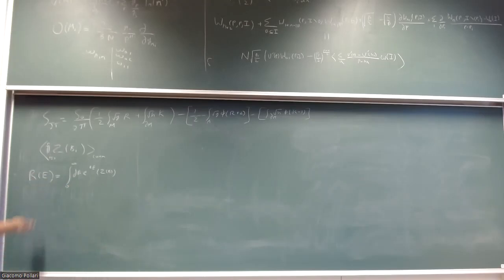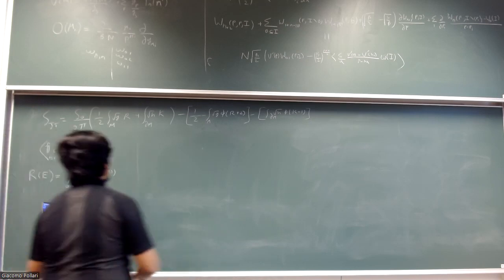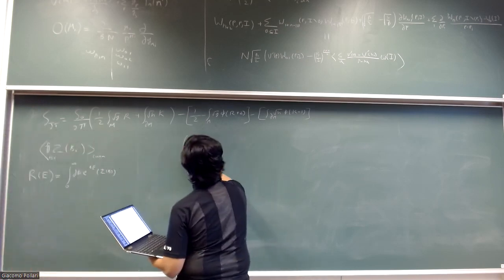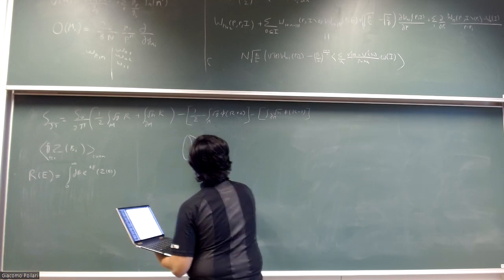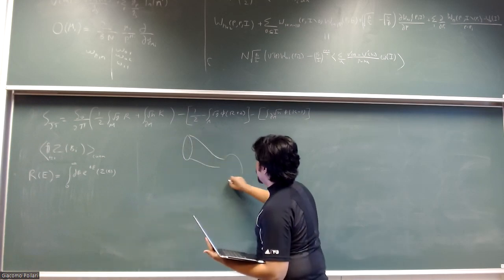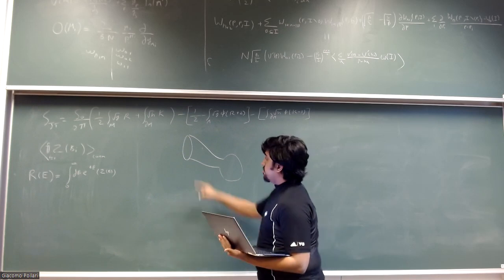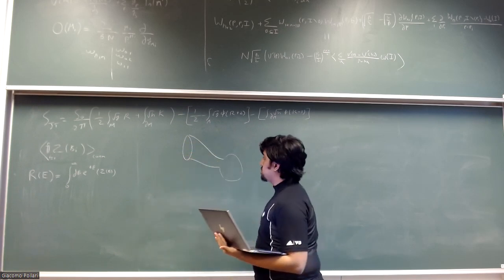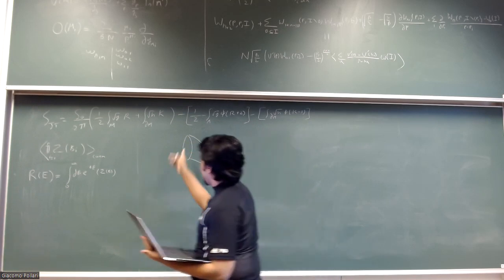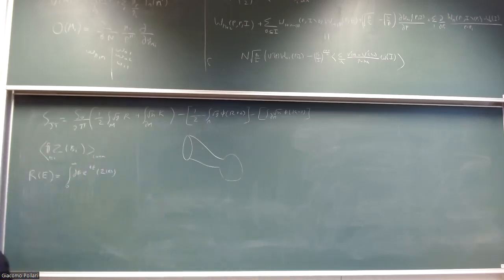Beta is the inverse temperature, the boundary data, the circumference of the boundary that we have. Geometrically, you have something connected to something in the bulk here, and beta is the circumference of the boundary.